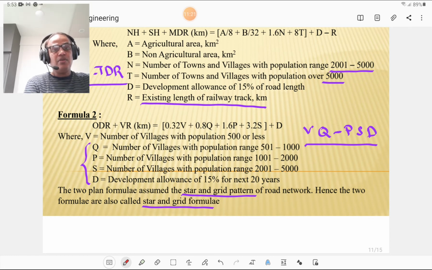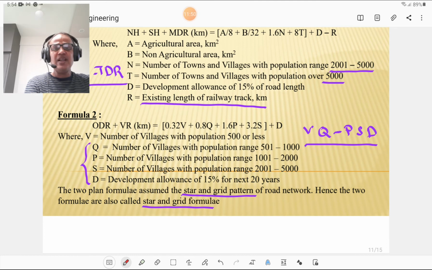So populations of 500 and less are also considered because these roads are of ODR and VR standards. Q is the number of villages with population ranging from 501 to 1000. P is the number of villages with population ranging from 1001 to 2000. S is the number of villages with population ranging from 2001 to 5000, and D is the development allowance of 15% for the next 20 years, same as in the first formula.